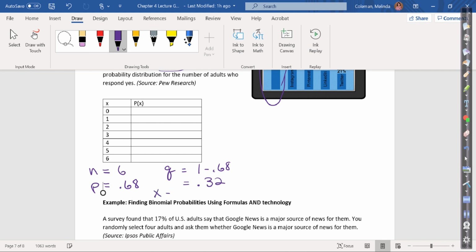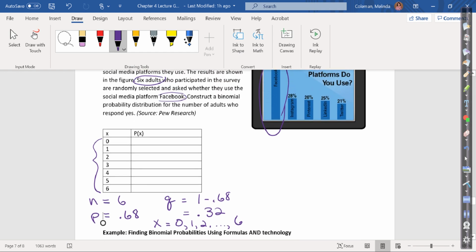And my x values start at 0 and go all the way to 6. So from 0 to 6. Because it's very possible that none of the 6 that they randomly select use Facebook. Maybe not probable, but it does happen. And that's what we're going to find out, how probable is that to happen.